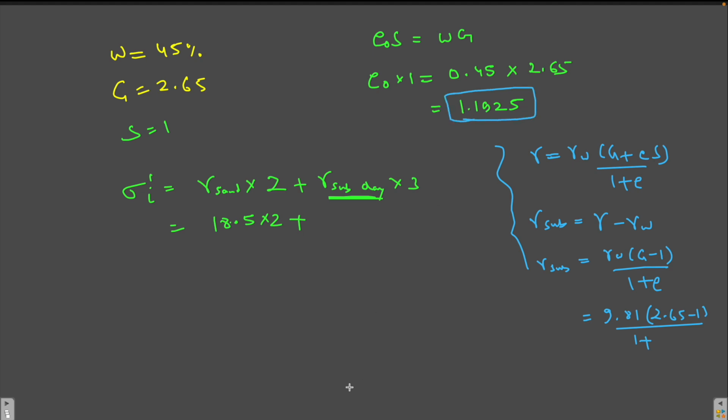So this is one of the most difficult questions. If you can solve this, trust me, you can solve any question. So it is 7.382. This is the value of gamma submerged, in kilonewton per meter cube. So now you are going to put this value of gamma submerged over here. So let me write it in blue color only.